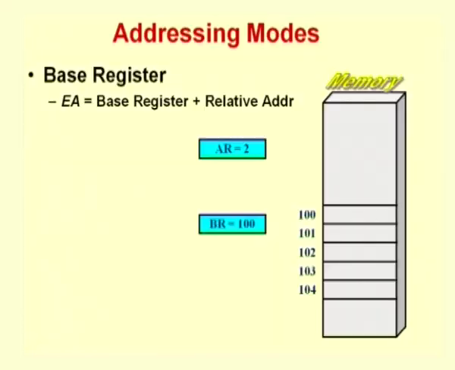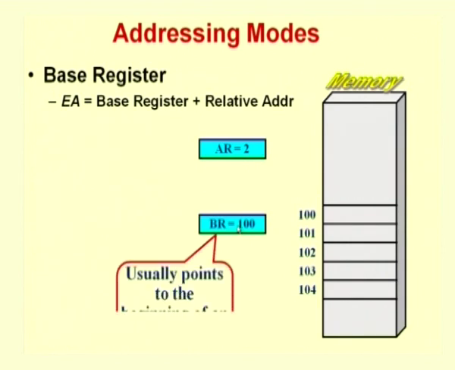Another variation of the same type of adding two registers to get an effective address is called base addressing mode, or base register addressing mode. In this case, instead of an index register as in the previous case, we have a base register, and then a relative address that can be specified.